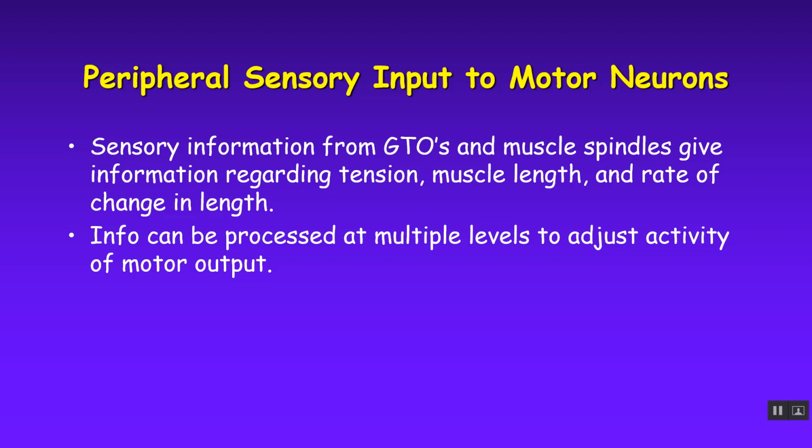Or some of that information goes directly from the dorsal horn to interneurons and influences things right at the spinal cord level, where it will downregulate or upregulate force production or activity of the motor neurons. So that's what we mean by multiple levels. You're always getting this feedback loop that modifies the next motor signal as things are happening.